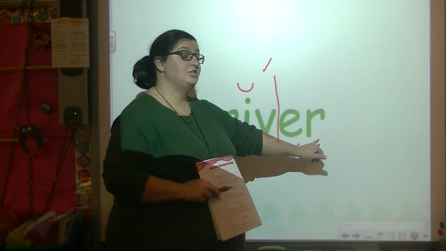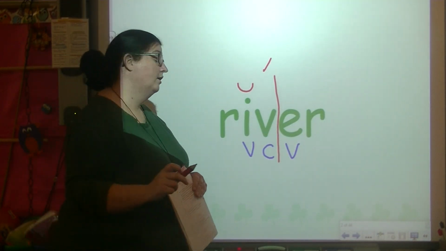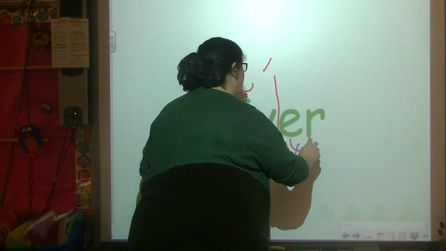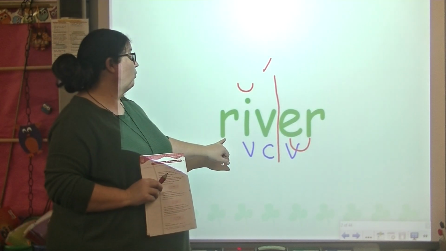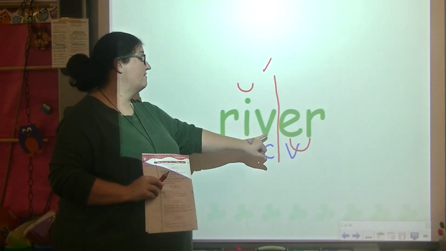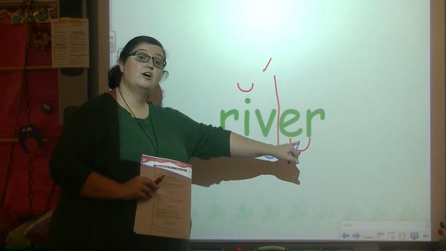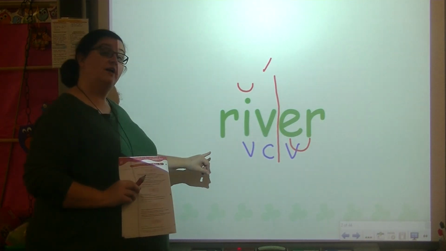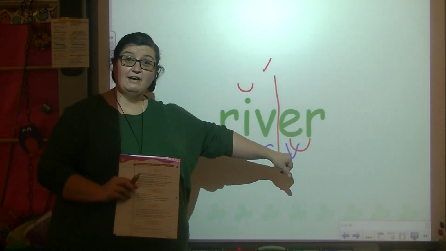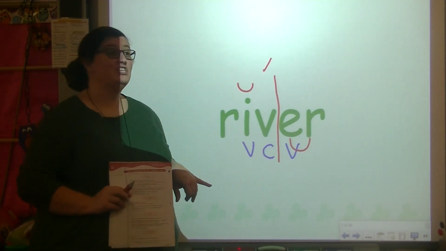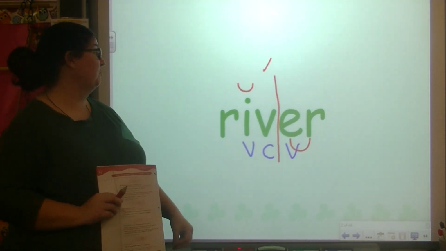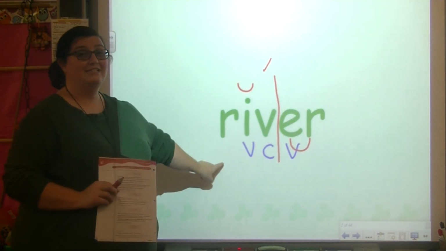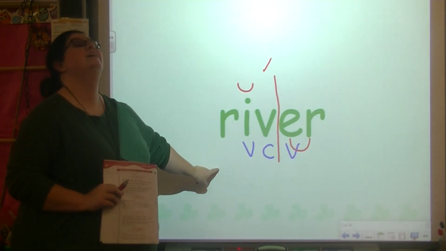And then we have combination ER. Now let's sound it out, guys. Riv, what word? River. We just learned about the 3 main rivers in Georgia. Is this the correct way?